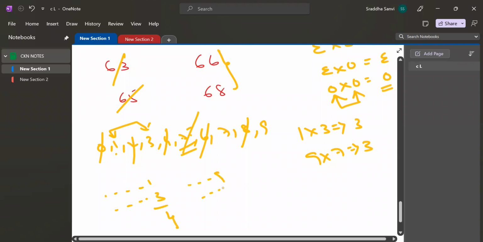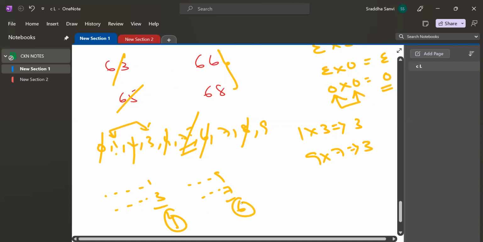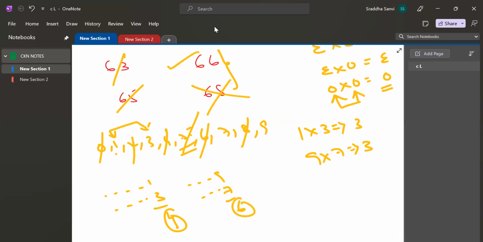If they are ending with 9 and 7, the sum ends with 6. So your AB plus CD sum has to end with either 4 or 6. 8 will never come. That's why my answer is 66. My answer AB plus CD has to be 66. 8 doesn't have an opportunity here. This is how you solve the questions of elimination of options.